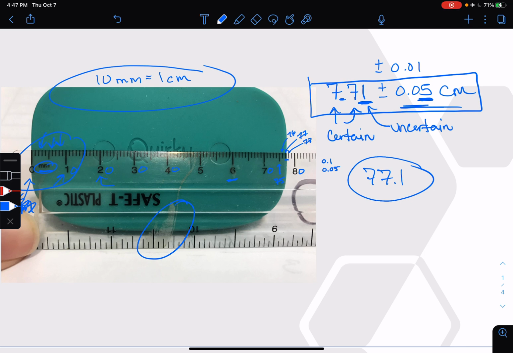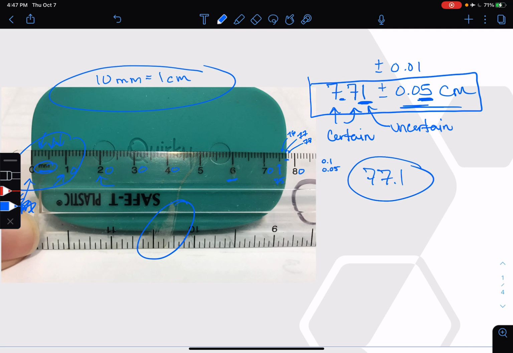Now, if your partner says, no, it goes a little further, I think it's 77.2, and your brother comes on into the lab and takes a look at your stuff, which he shouldn't be doing, but maybe he puts on goggles and wanders in and says, no, I think it's 77.0, who's correct?